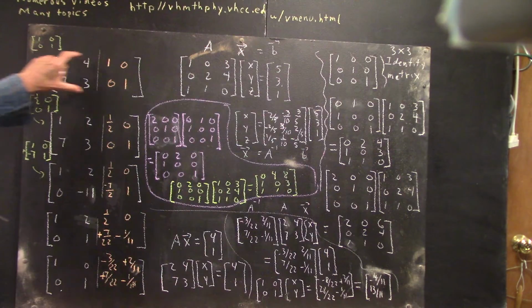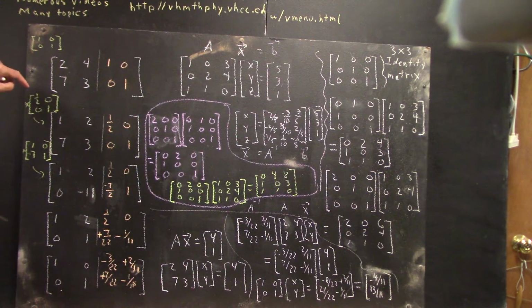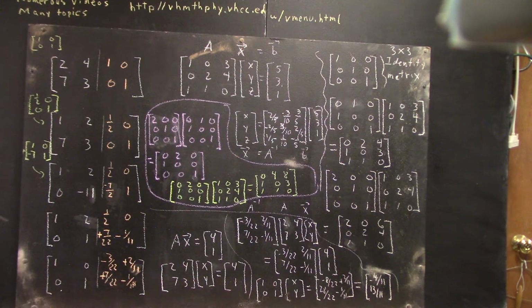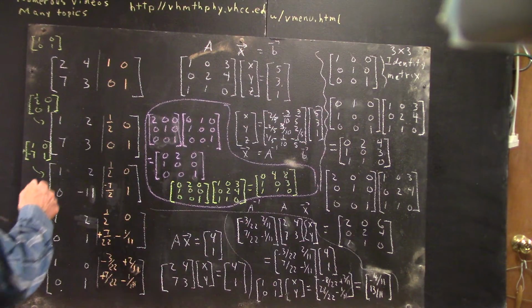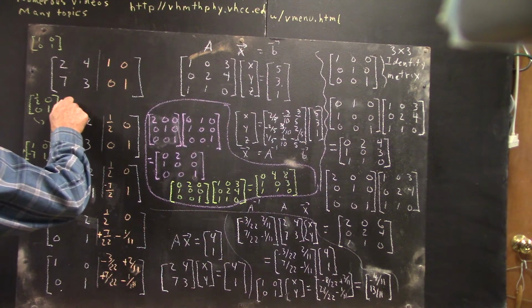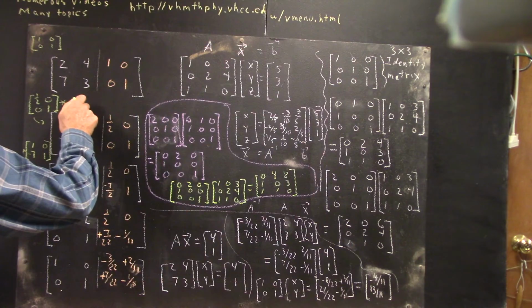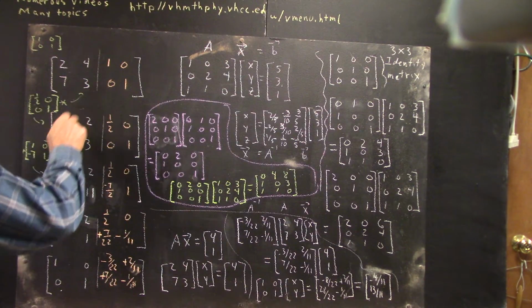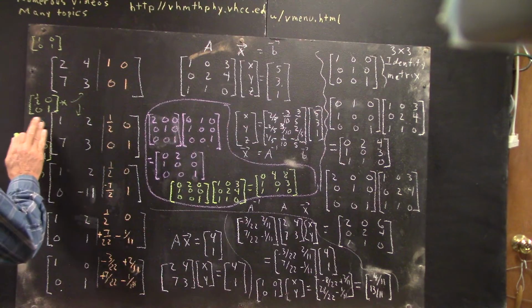If we multiply this entire matrix here by, and you know, the way I wrote this down was careless. If I multiply this by this on the left, and then by this, I get this.